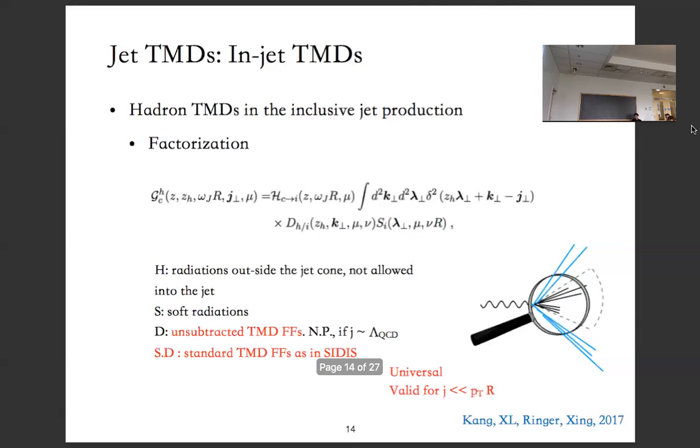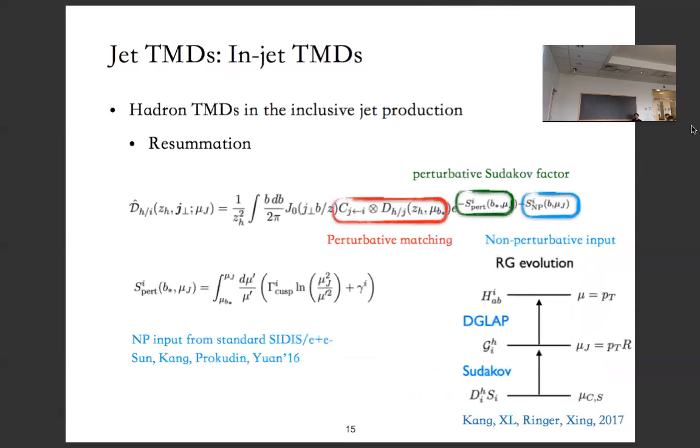Okay, so since they are identical to semi-inclusive DIS, we can just invoke the semi-inclusive DIS framework. We can have, for instance, a perturbative matching onto the collinear fragmentation function. We can have the analytic Sudakov evolution plus the non-perturbative input, and this non-perturbative input can be taken from a fit of the semi-inclusive DIS process.